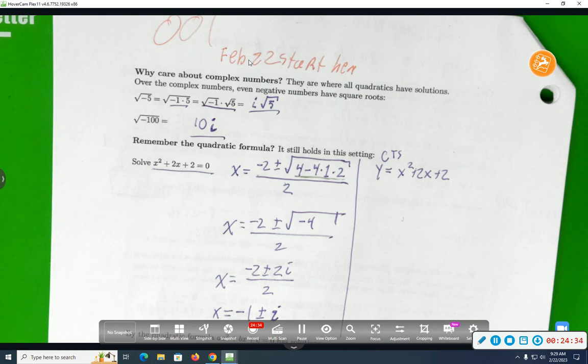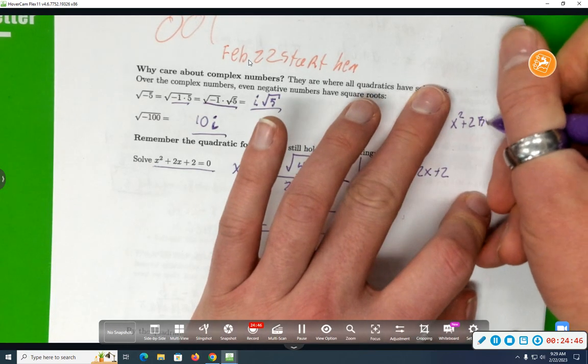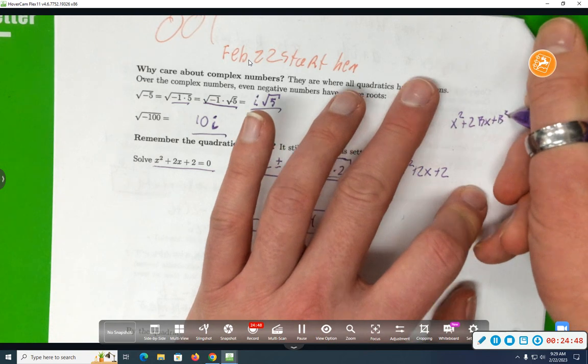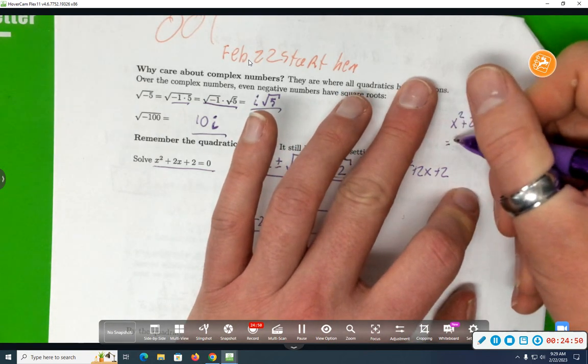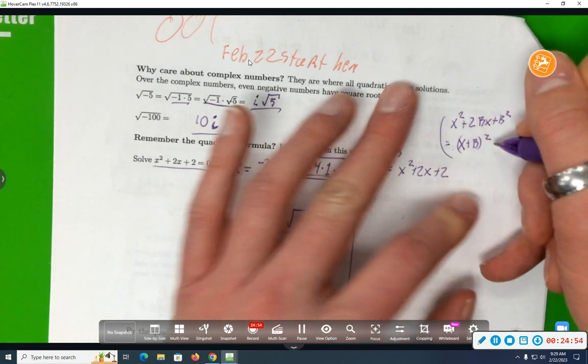So, if you want to use the completing the square idea, the idea is to see something that looks like x squared plus 2bx plus b squared showing up, because that is the same thing as x plus b squared.